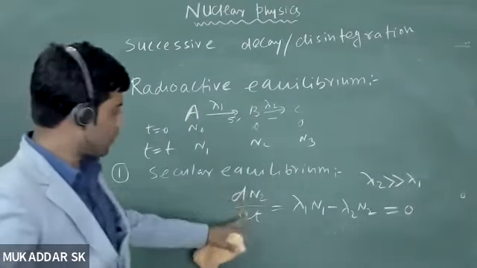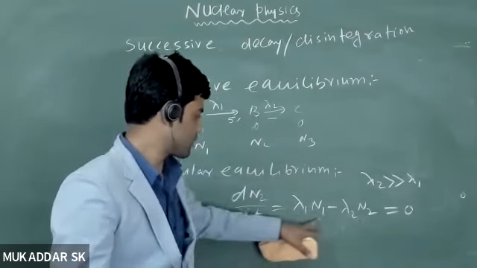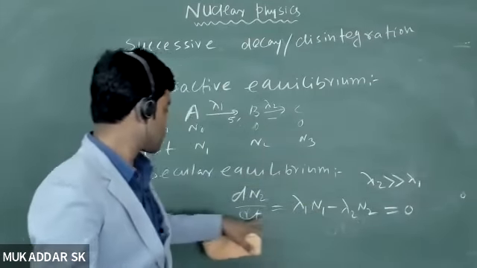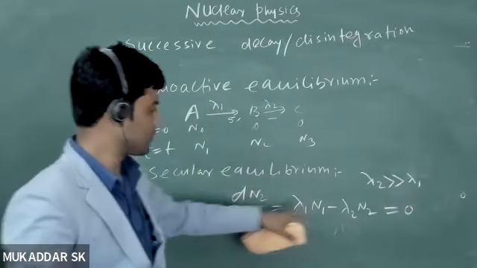Total rate of change of B nuclei, this is a production rate, this is a decay rate, so this is the total rate of change of B nuclei. Under secular equilibrium, there is no change of B nuclei, it means it will be 0.